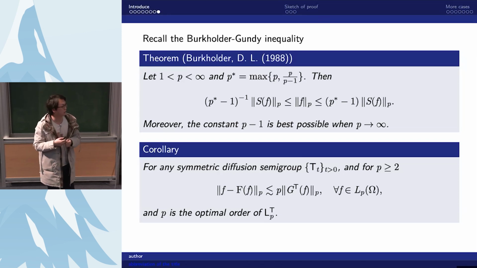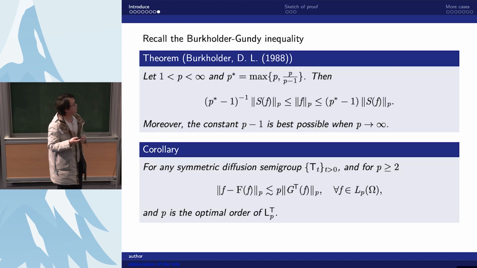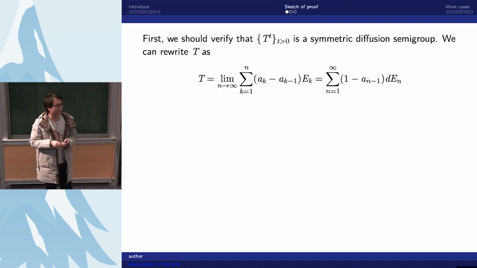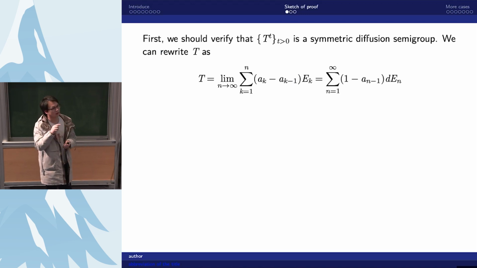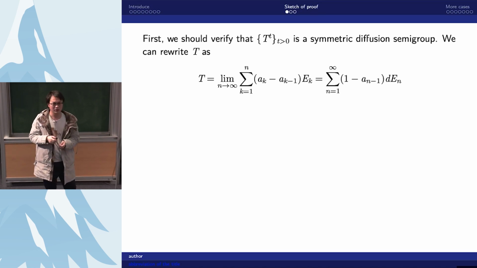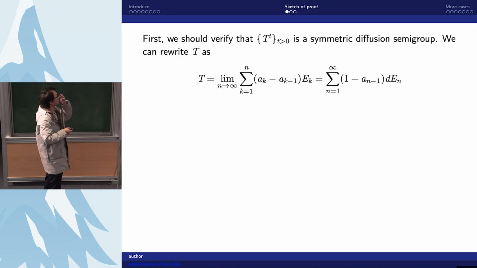Next, I will give a sketch of our proof. First, we should verify that the semigroup we defined before, T^t, is an exact symmetric diffusion semigroup.